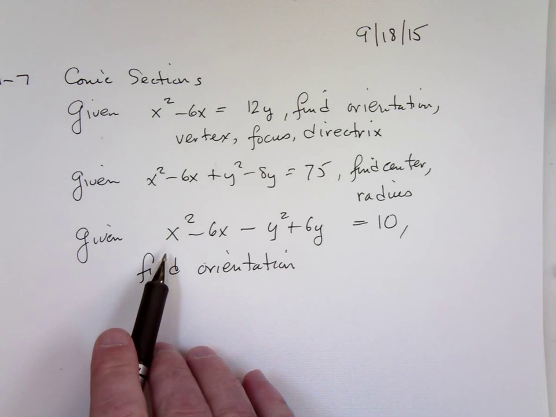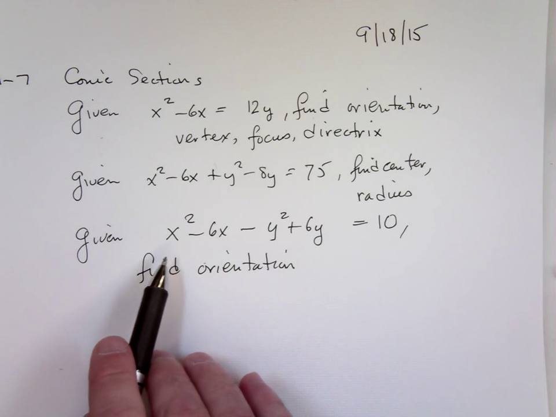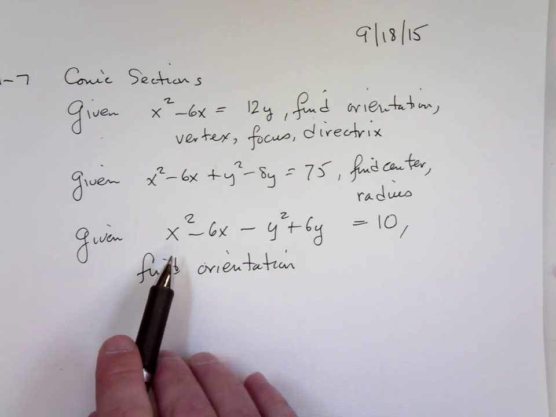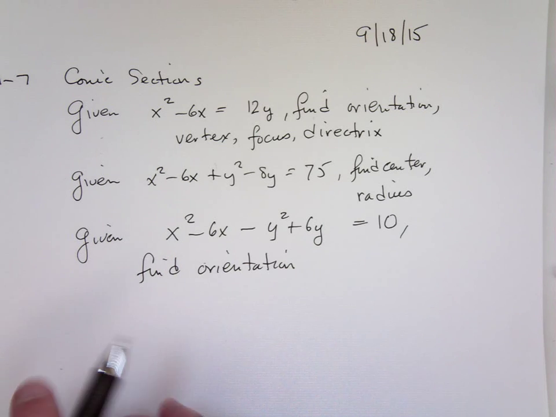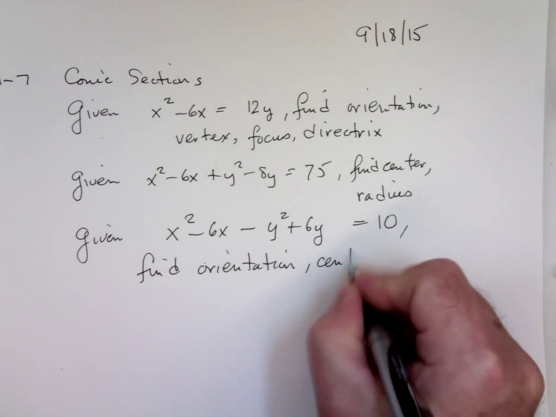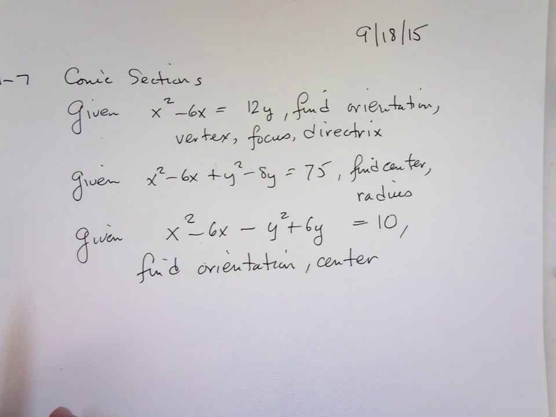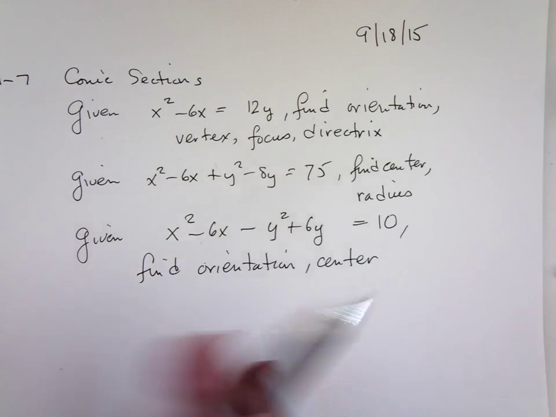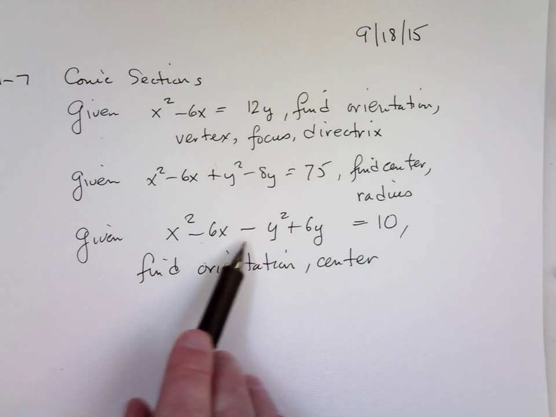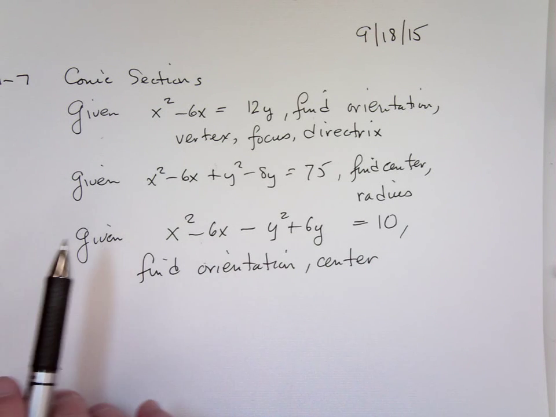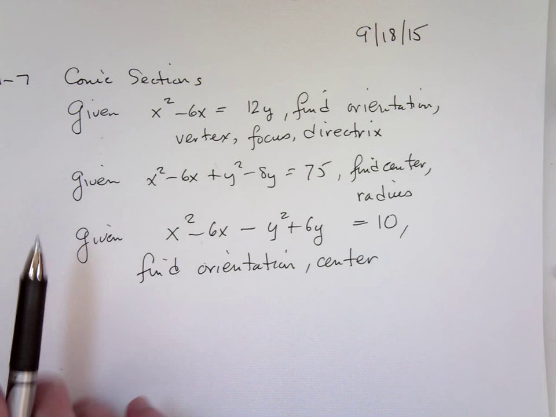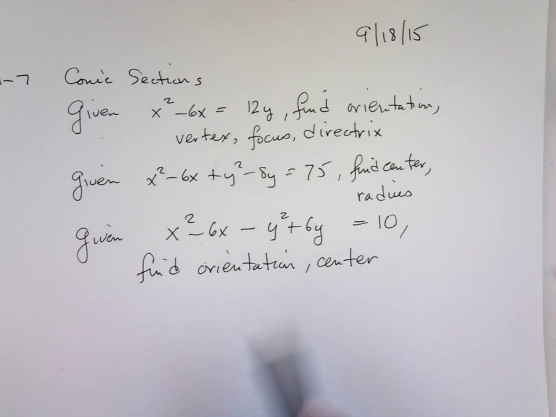Just by looking at this, what orientation would this hyperbola have? Left, right, because the x squared is positive, okay? And the center, you find by completing the squares. So just be careful with that. The thing to be careful about is this minus thing in here. But that's all I'd ask on the hyperbola.